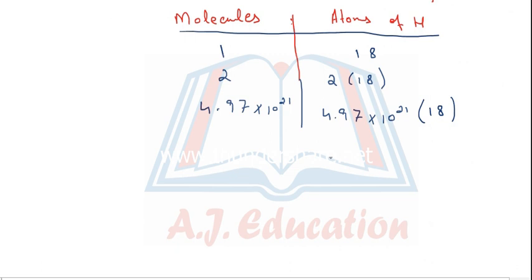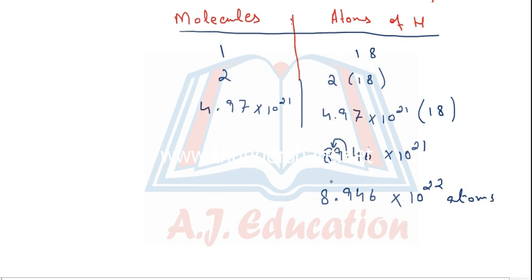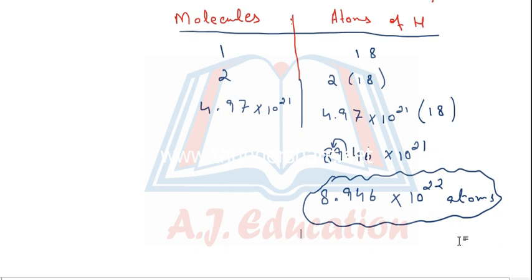The answer to that comes out to be 89.46 into 10 raised to power 21. Moving this point over here, the answer would be 8.946 into 10 raised to power 22 atoms. So here is our last numerical problem. Number of atoms of hydrogen will be 8.946 into 10 raised to power 22. So this problem is solved here.